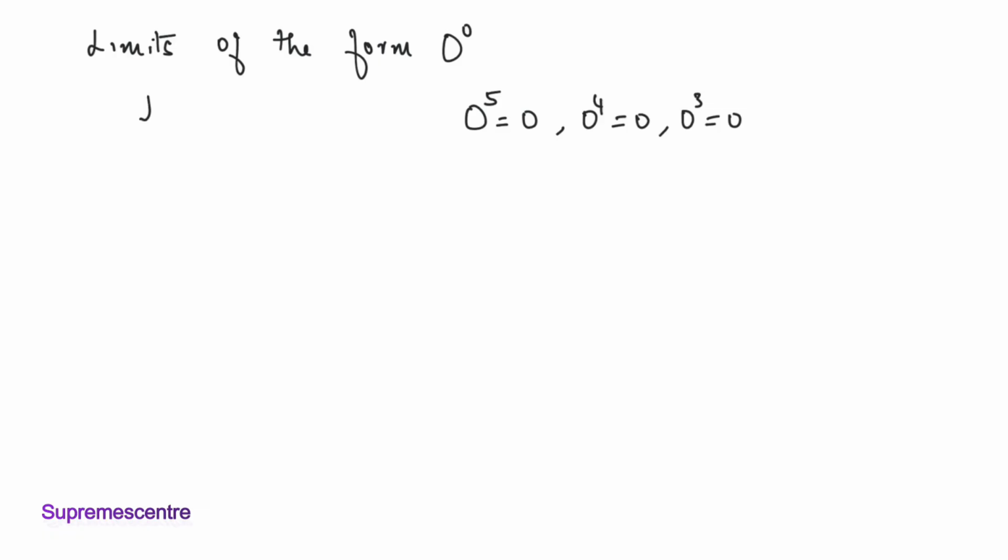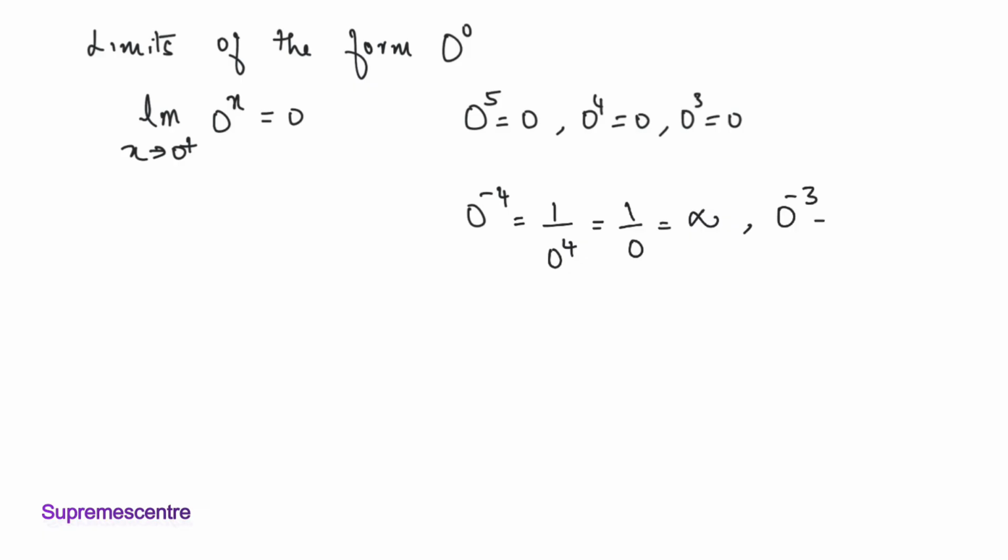From this we can safely state that limit x tends to 0 plus 0 power x is always equal to 0. Similarly, if we take 0 power minus 4, the value is 1 by 0 power 4. So 1 by 0 is undefined. Similarly, for 0 power minus 3, it is 1 by 0 power 3.